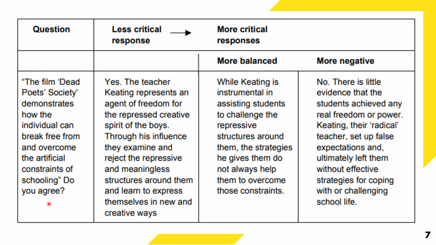Do you agree? And look at this example. We have a less critical response and more critical responses, more balanced or more negative. So for instance, here we see this example. You can read it and compare this answer with the other ones that we have on the right.